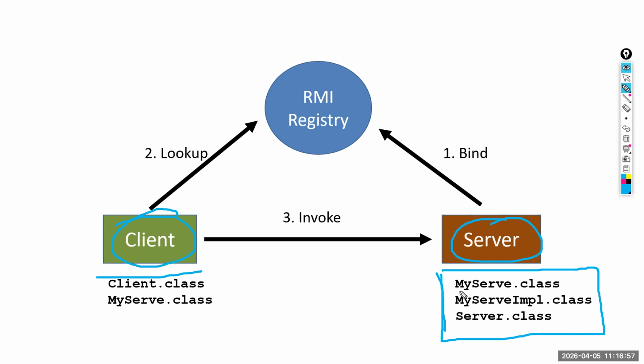So I'm going to have my serve class. Of course, the names can be anything you like. For this example, I have my serve implementation, that is the server implementation, and the server interface. On this side you are going to have your client class and my serve class, and I'm going to start my RMI registry as well.